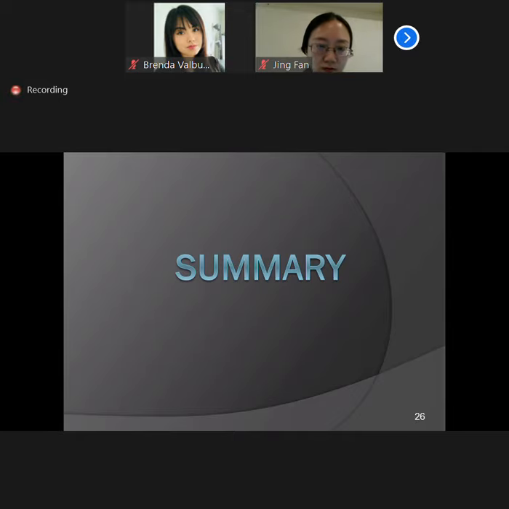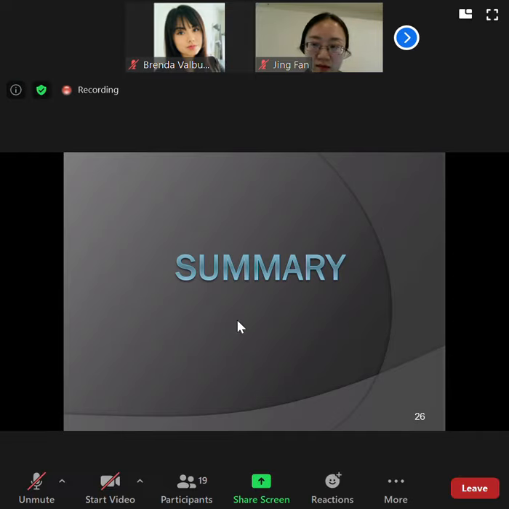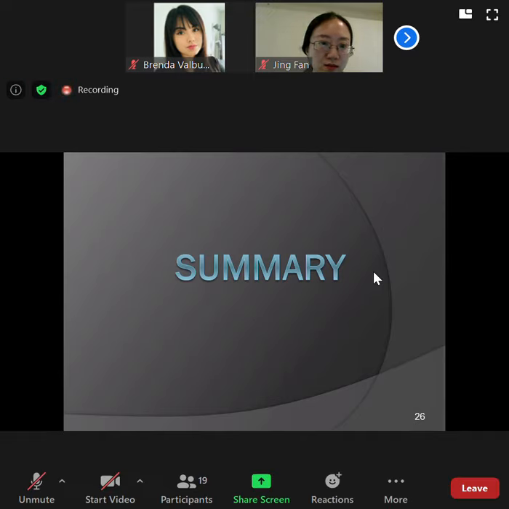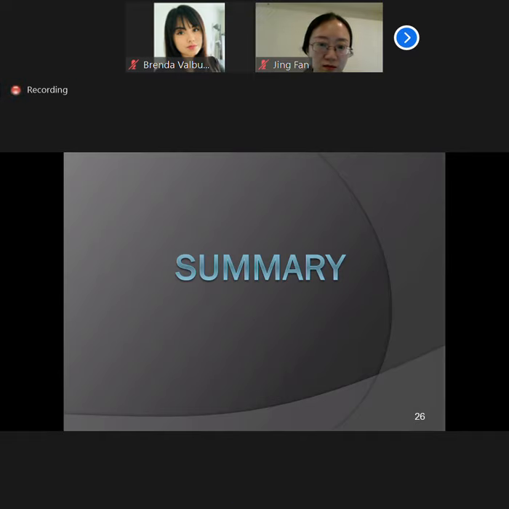The 2.5D is a simplified version of the 3D models, and so we can successfully finish the three experiments with the 2.5D micromodel. That's it. Thank you.